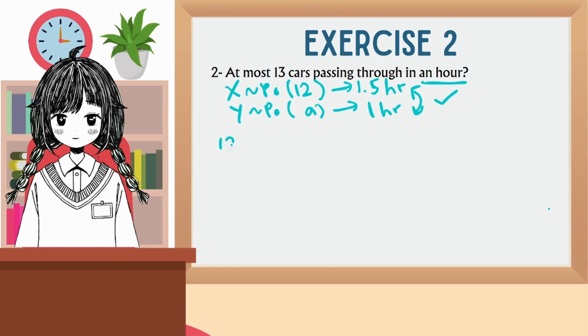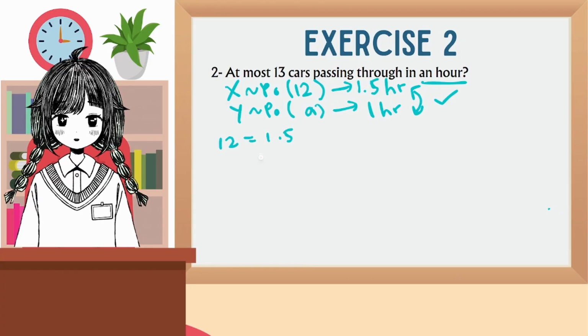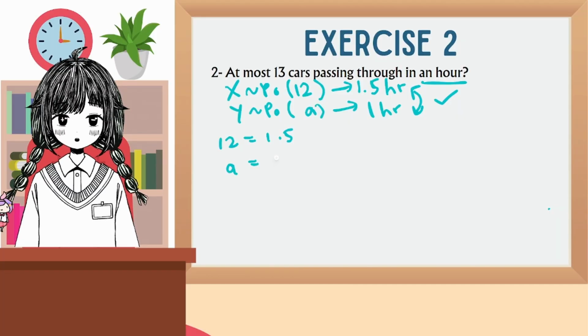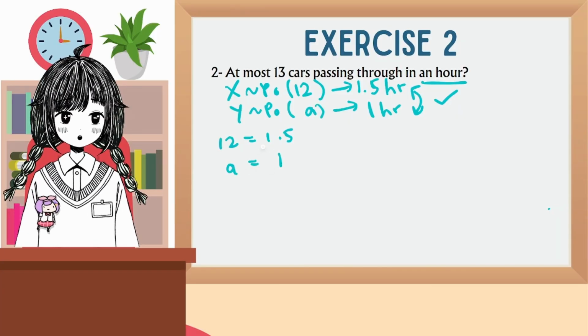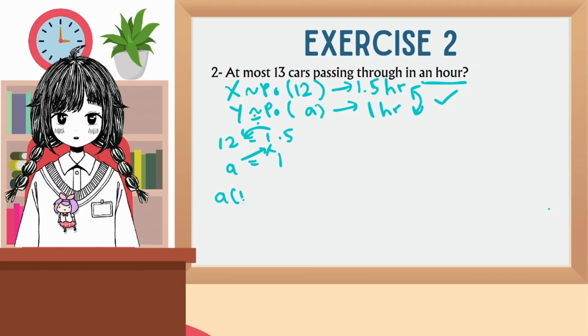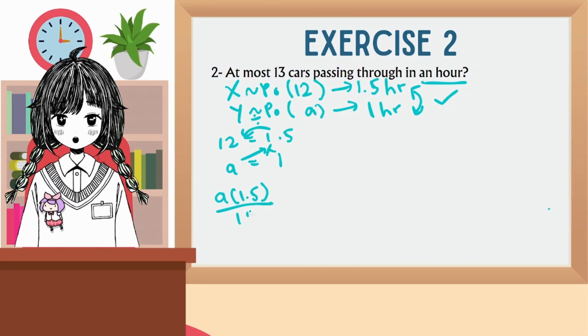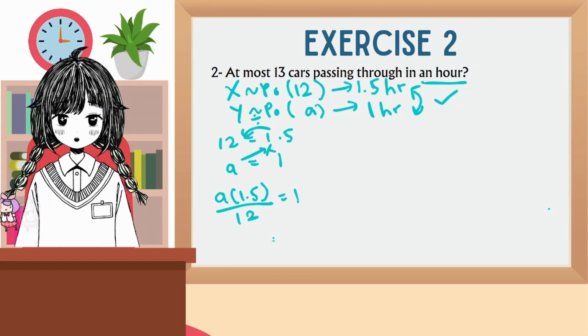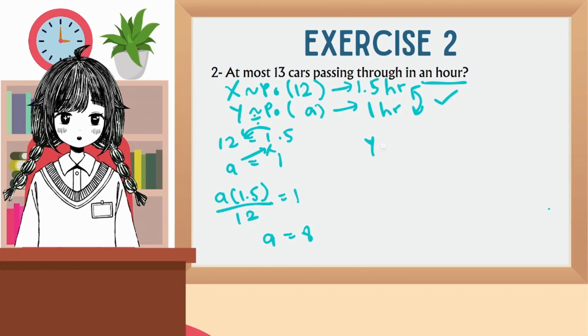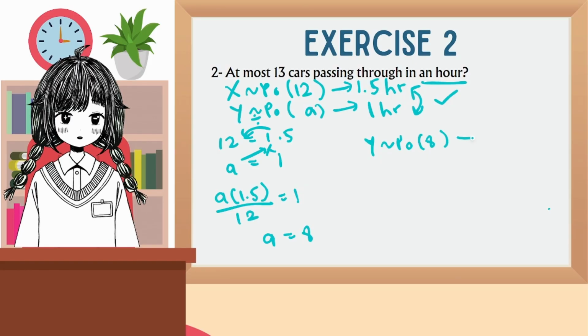So 12 equals 1.5 and A equals 1. Use this method: A times 1.5 divided by 12 equals 1. Solve the equation and we get A equals 8. So the new Poisson is Y Poisson 8 for 1 hour.